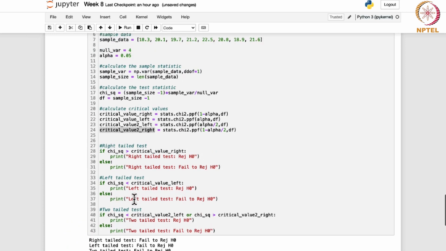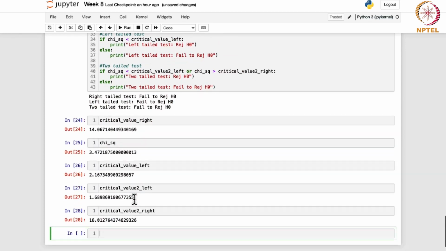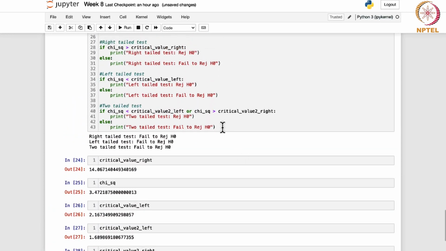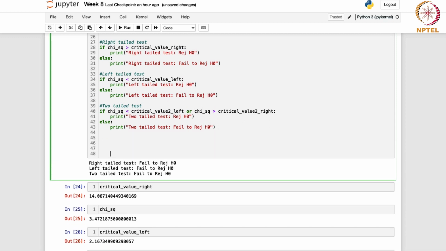So for this same thing, we can also in addition write the p-value approach. So maybe we can add it over here only. So let us calculate the p-value for chi-square.